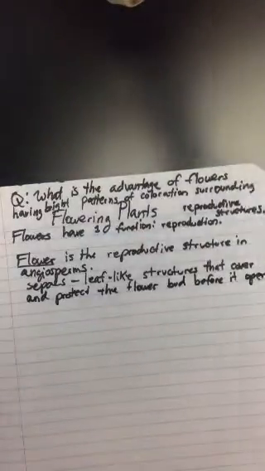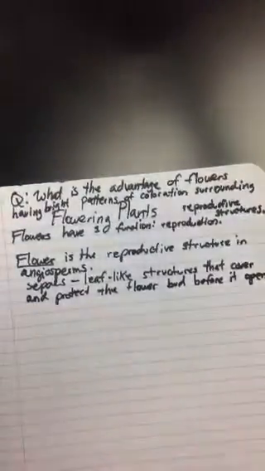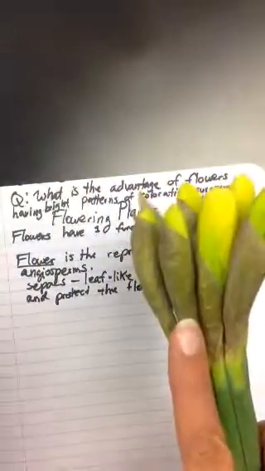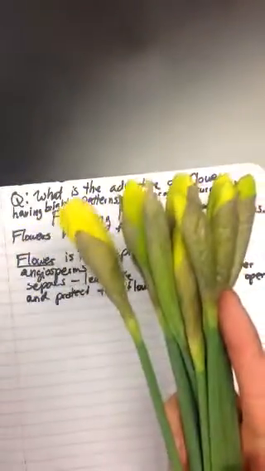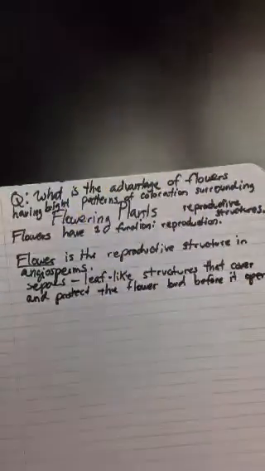So I have a daffodil, or a bunch of daffodils here, and you see these little leaves on the outside. These are the sepals, and they're protecting the bud, and once they open up, the petals push through.